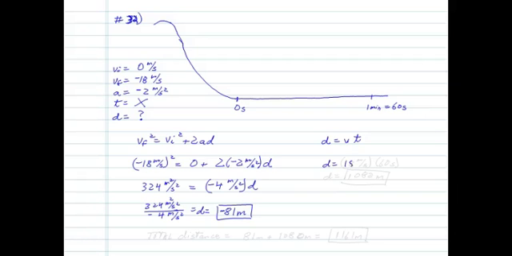So v is 18 meters per second, and he's going for 1 minute or 60 seconds. So in the horizontal portion, the distance he has traveled is 1,080 meters.